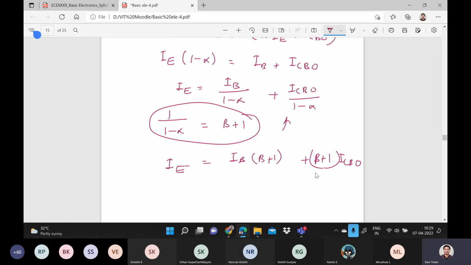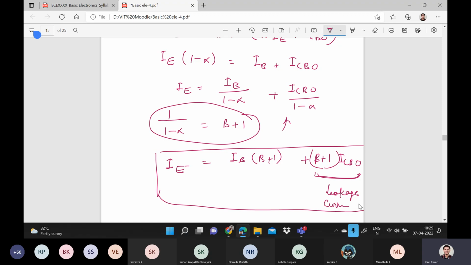In the previous case also we saw that it was a leakage current, right? So it's again a leakage current. So that was the formula that we required for it, right? These are the formulas that we have seen.